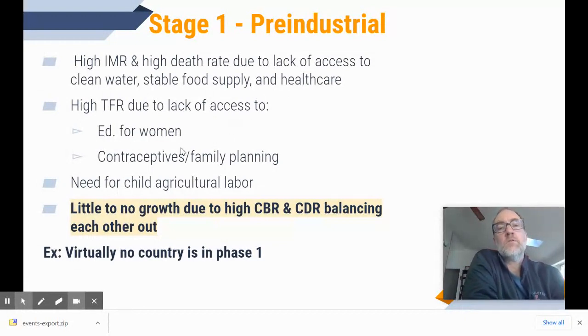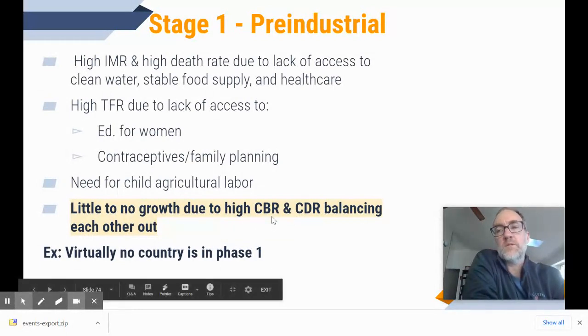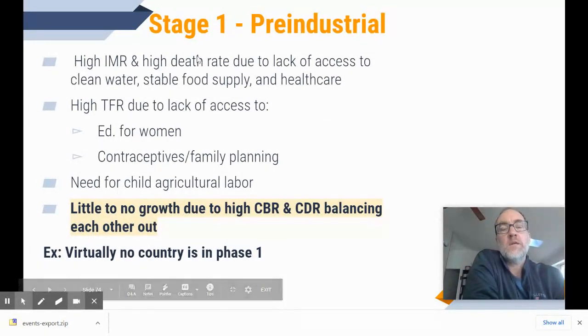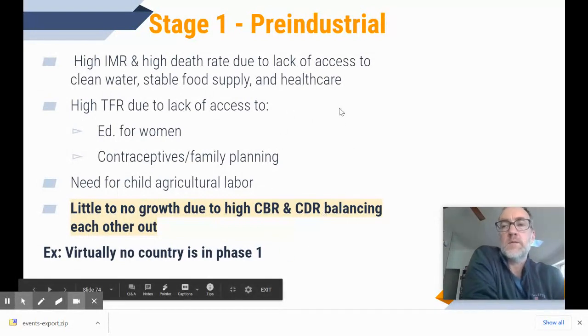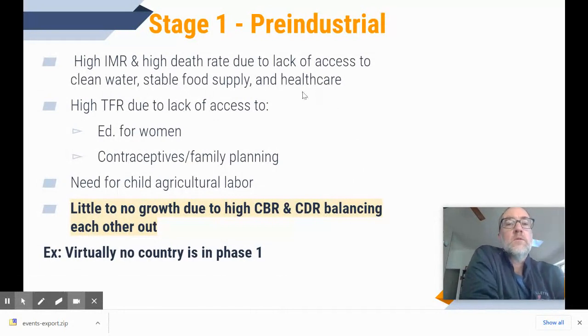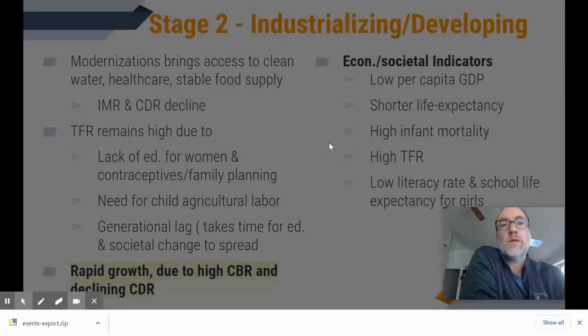Typically, their population growth isn't super dramatic because the high birth rate and death rate balance each other out. But there are currently no countries considered in this phase, stage 1 pre-industrial. That would be 100% agricultural societies, and most countries we know have urban areas and some economic development that is not agricultural based. So no countries really fit into this stage.